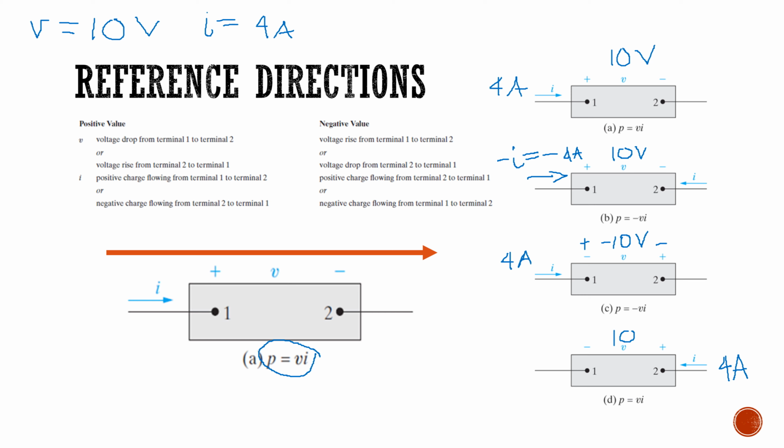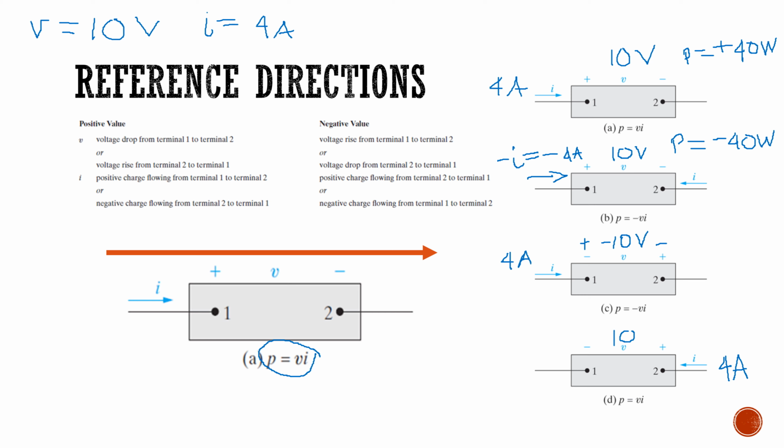So power is equal to, in the first one, 10 times 4, which would be plus 40 watts. In the second example, power is equal to V times I, which is 10 times minus 4, so that would be minus 40 watts.